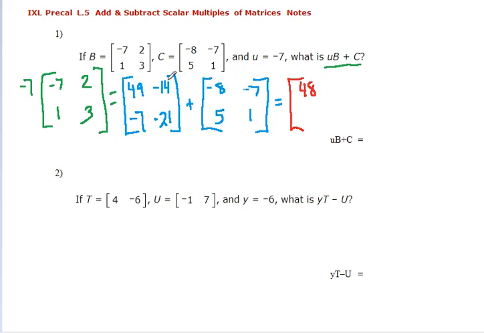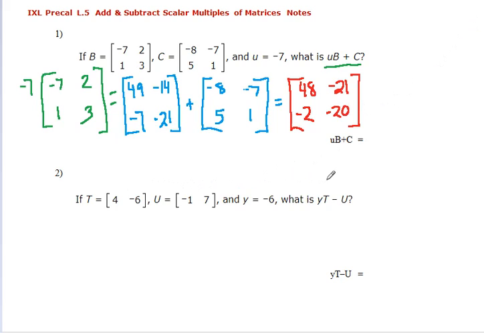We have -14 and a -7 gives us a -21. We have a -7 and positive 5 is going to leave us at -2. And -21 and a positive 1 is going to leave us at -20 for that one. Okay.